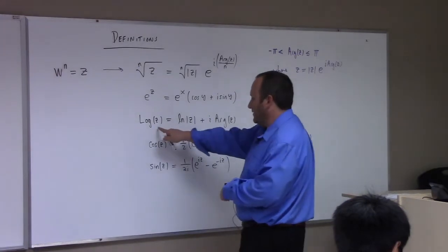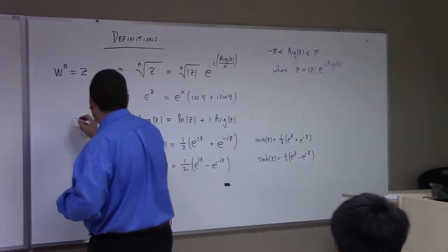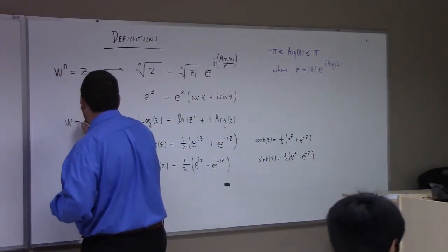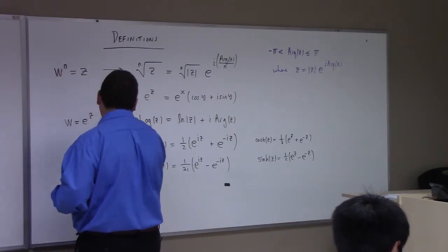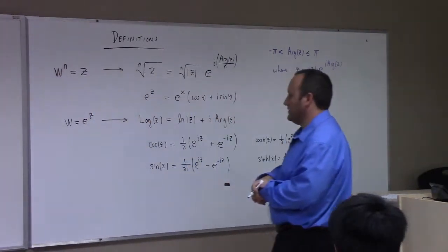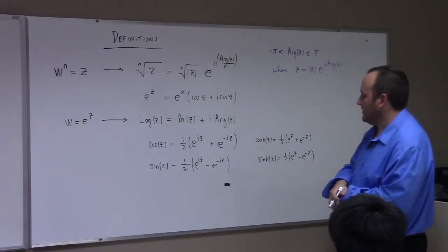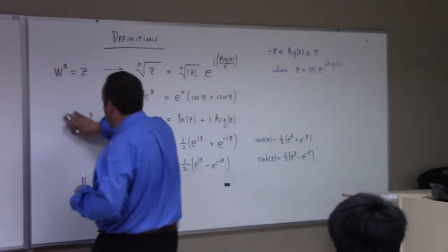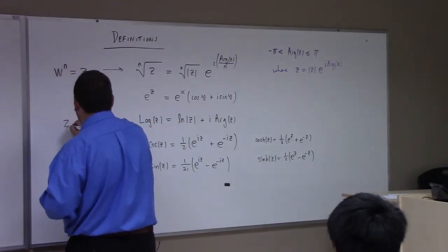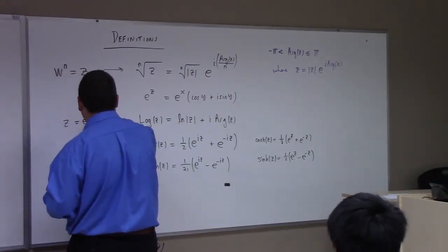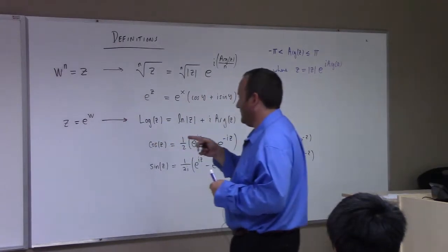Now this right here is a solution to what? If we have z equals e to the w, one solution to that is in fact w equals log z. Oh, excuse me, I did that backwards, didn't I? I'm sorry, guys. I'll get it eventually. If we solve that for w, what do we get?